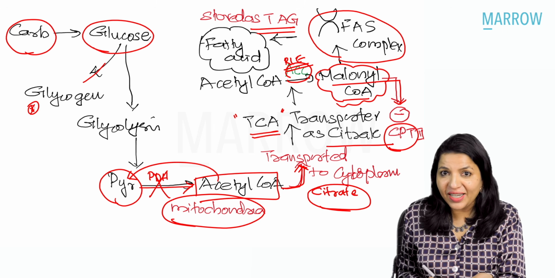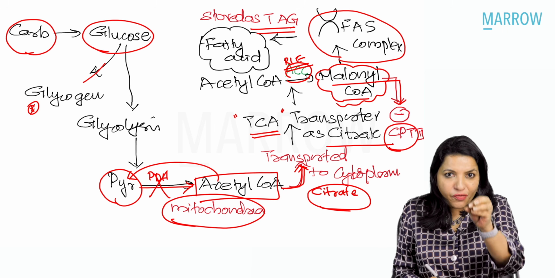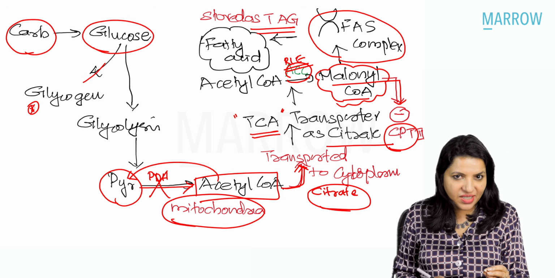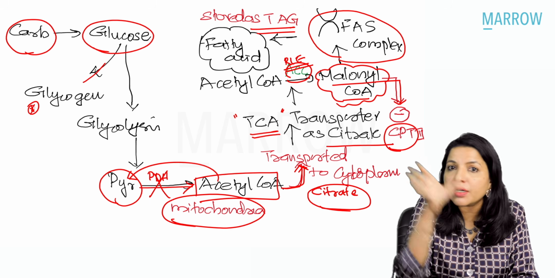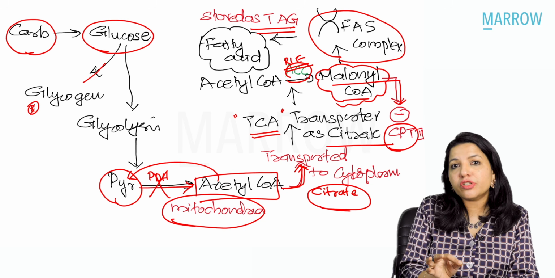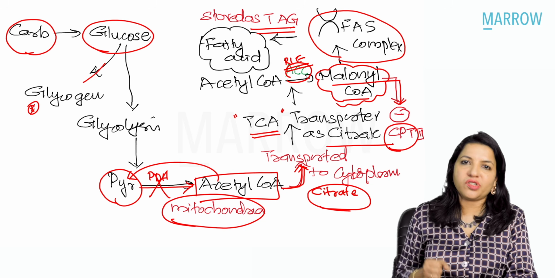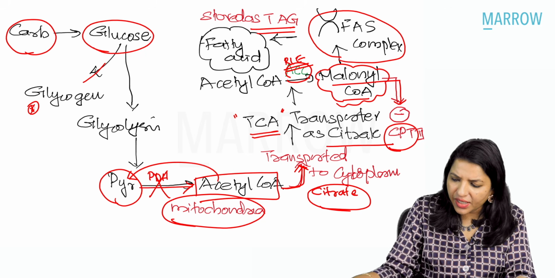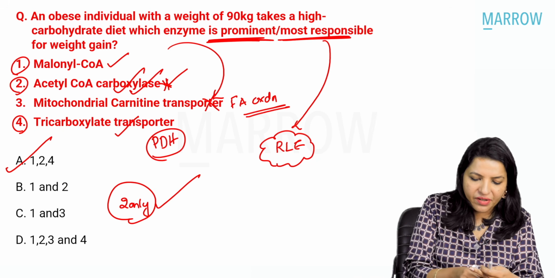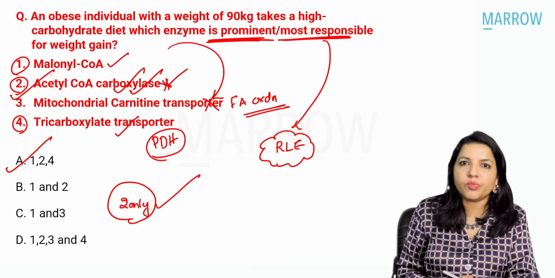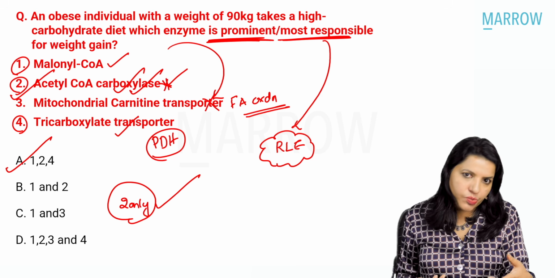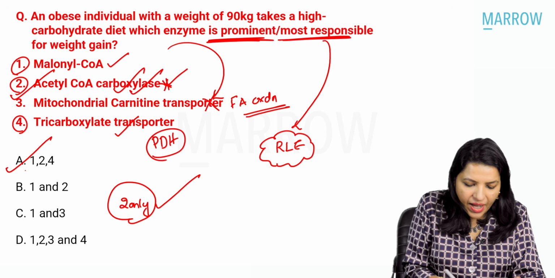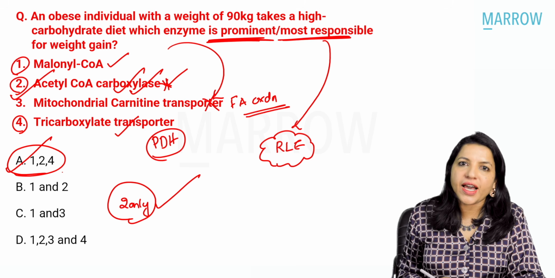But that was not there, so we are saved. If pyruvate dehydrogenase and acetyl coenzyme A carboxylase are both given, and it is a single response type of question, I will choose pyruvate dehydrogenase. If pyruvate dehydrogenase is not there, and this was a single response question, then I will choose acetyl coenzyme A carboxylase. As it is a multiple response question and there is no option called 2 only, I am taking 1, 2, 4 as the answer.